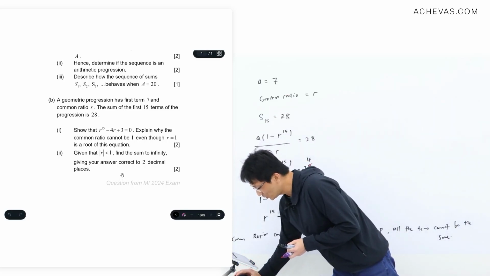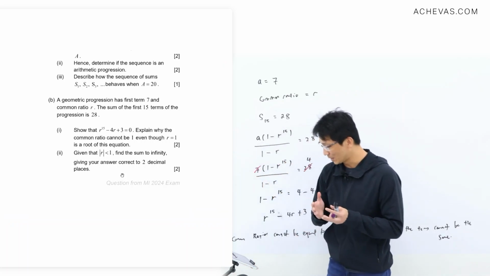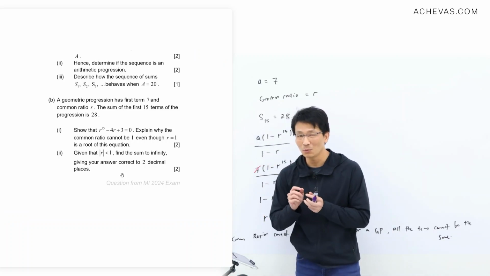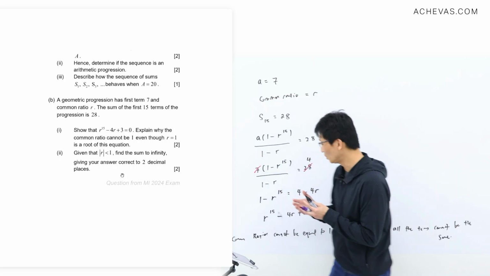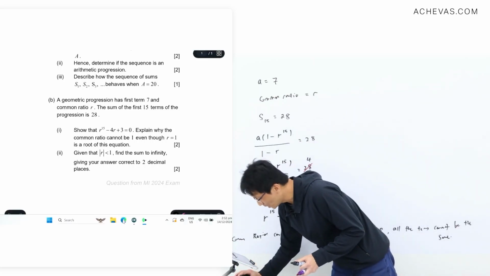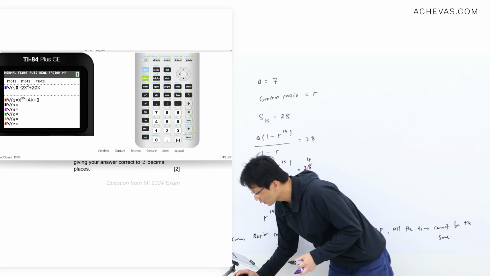Okay, so for part 2, it says given that your common ratio lies between -1 and 1, you are supposed to find the sum to infinity. So perhaps we've got to make use of a GC to solve the roots for this one. From here, I've keyed in the equation already.